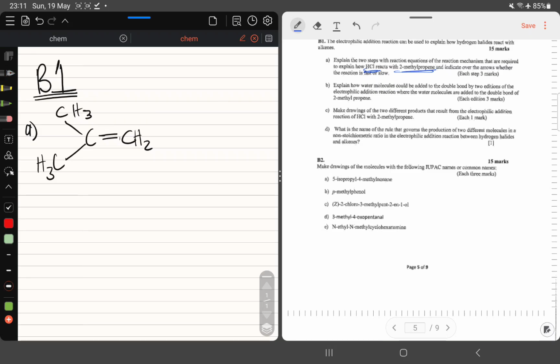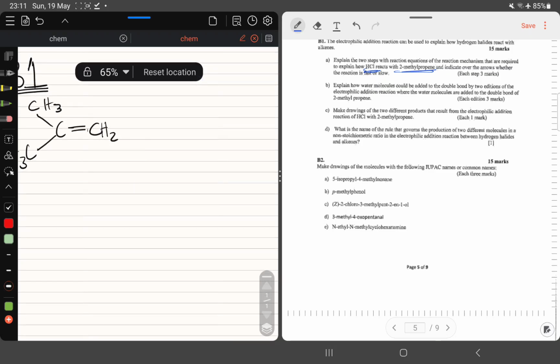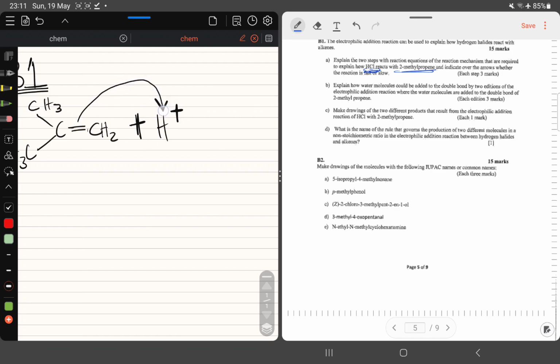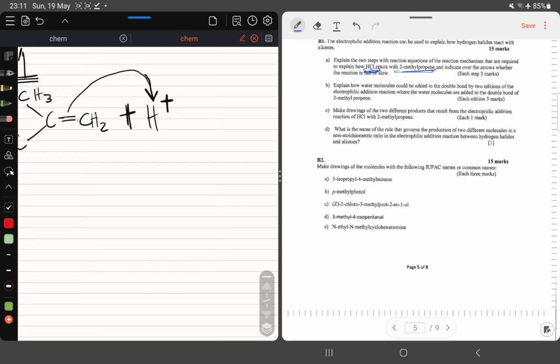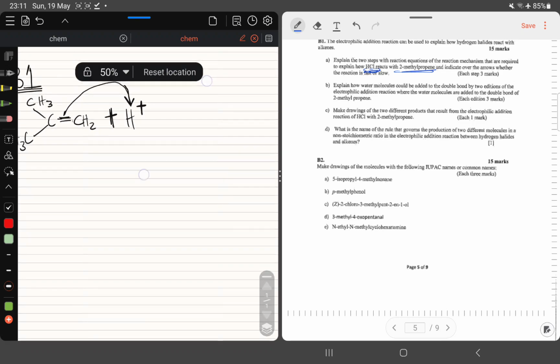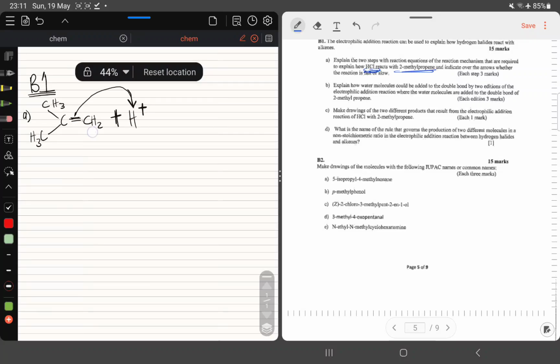Now what do we do? We wanted to show the reaction with HX. So first it's going to react with H+, okay? And we know that whenever you react with something, when we have a plus, the electrons are going to go towards that positive guy, okay? So here electrons go from the double bond to the H+, and then what are we going to get? This H+ is going to come and stick where there are more hydrogens. So we are going to end up having something like this.